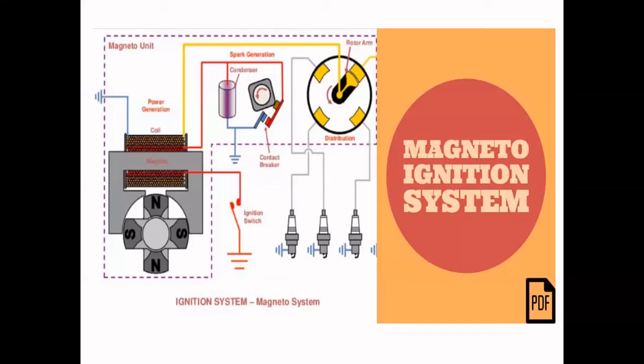Generally three types of magneto are used. One is the armature rotating type, one is the magnet rotating type, and another one is the polar inductor type. In the armature rotating type, the armature rotates between stationary magnets, whereas the magnet remains stationary, it is fixed.